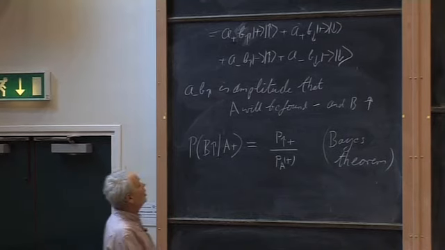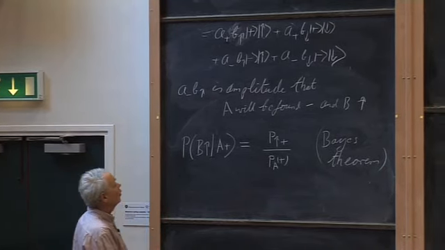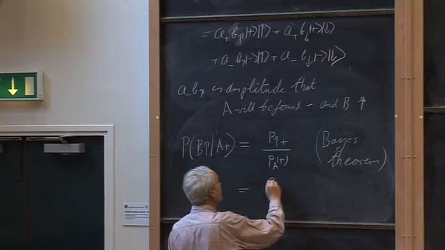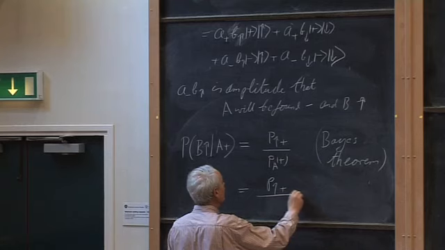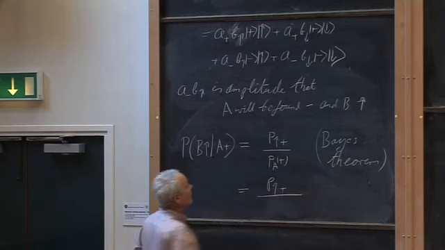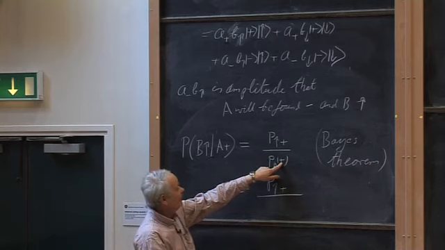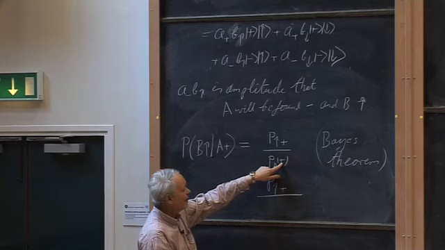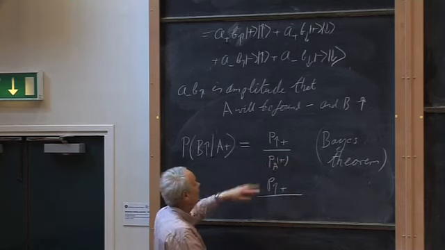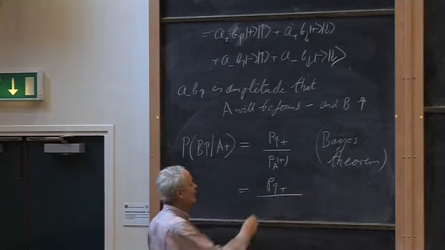All right. So what is that? That's the probability that we are up and plus over having plus on A. Now, we can have plus in A in two ways with the composite system. We can have it either with B down or B up, and they're mutually exclusive events, so I can add their probabilities.